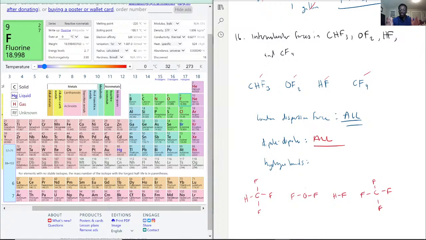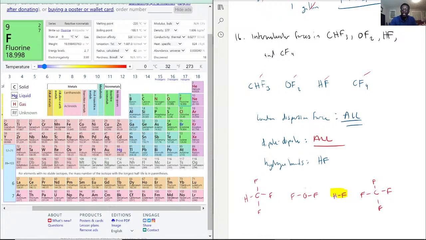Of these, the only hydrogen bond present is here. As you can see, the carbon and the hydrogen are the ones attached, not the hydrogen with the fluorine. So we only have one of them that has a hydrogen bond, which is HF. These are going to be the intermolecular forces present.